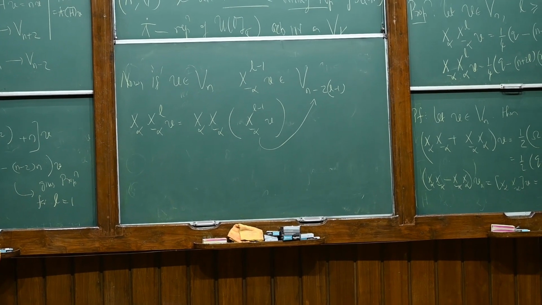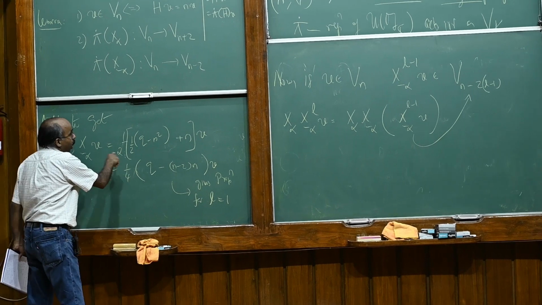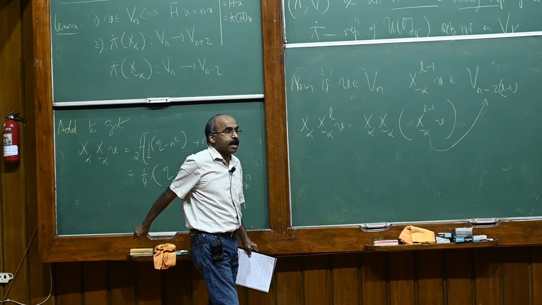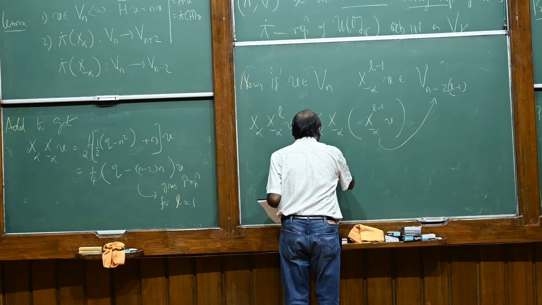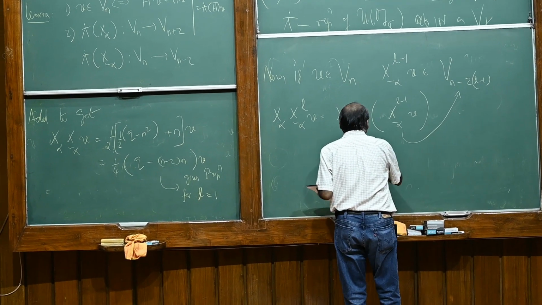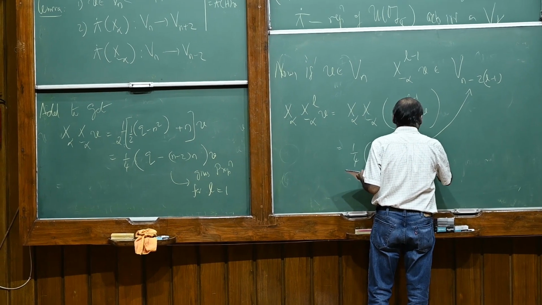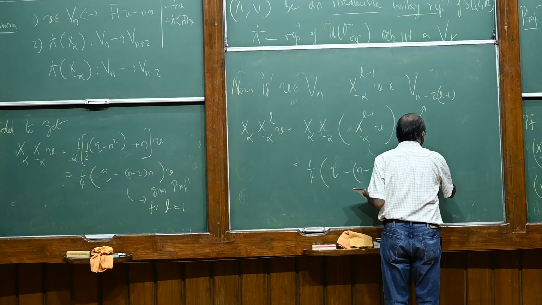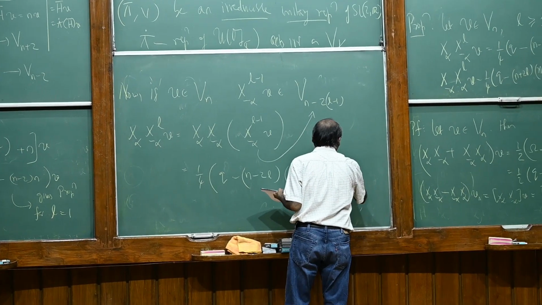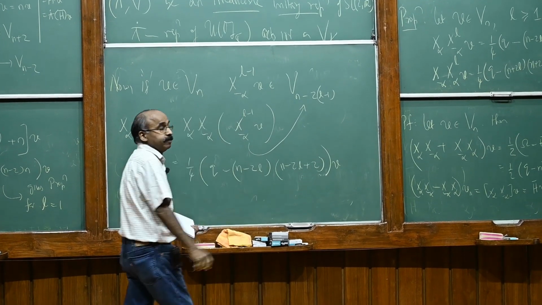If v comes from Vn, this is what I will get. But now v is coming from Vn minus 2(L minus 1), and you will get exactly what you want. So this would be equal to 1 by 4 q minus n minus 1 times n minus 1 plus 2 times. And so that proves the proposition.